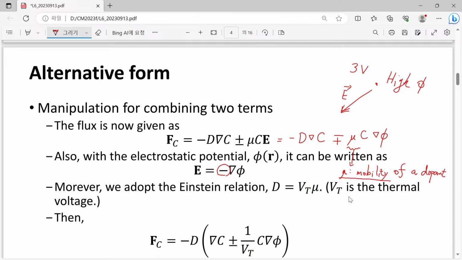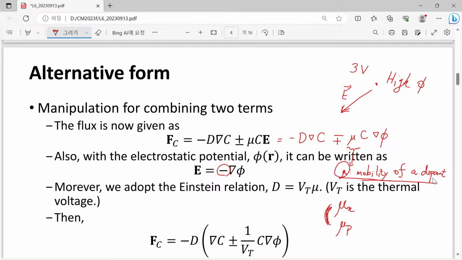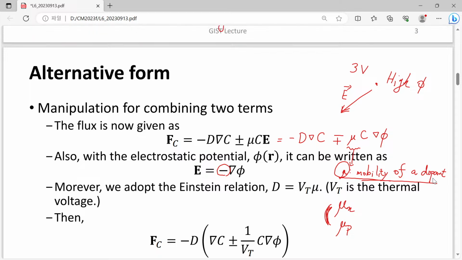Later in this course, you will also have many different mobilities, for example the mobility of electrons and the mobility of holes inside the silicon substrate. Compared with these electron and hole mobilities, the mobility of a dopant is extremely low. Electrons can freely move, but dopants do not move quite fast. That's the reason why you have quite a low value for your mobility.